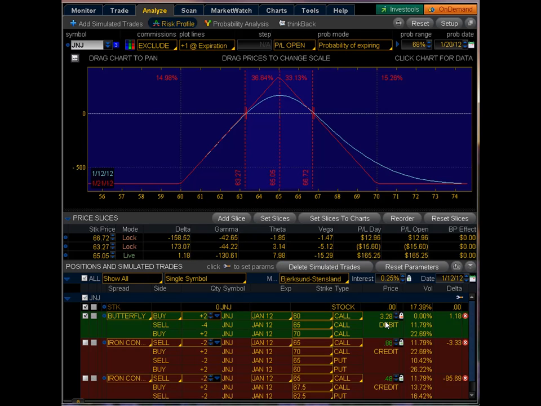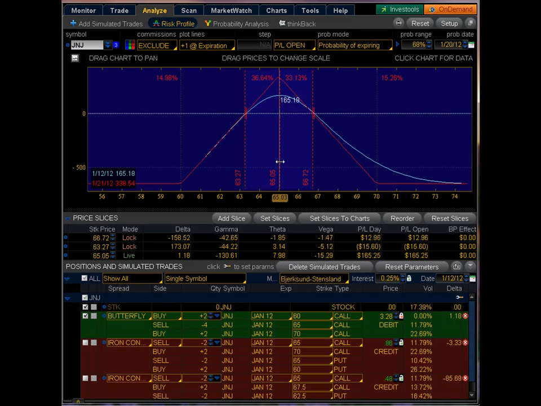Basically, that is how the trade works, and it works because you have a lot of time value sitting at the money. What you want is for the stock to stay in this range, and as time goes by, the theta on your trade will work in your favor. Now the theta on this trade is about $8.